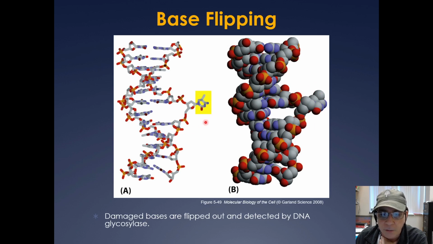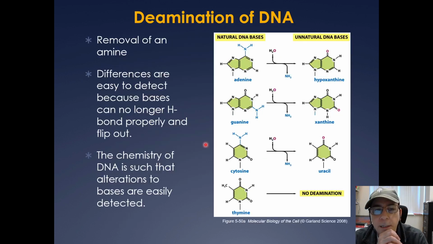So damaged bases are easily detected by DNA glycosylase, which removes the base, and then the AP endonuclease can come in and cleave out that section. What's really neat about DNA is that it has really great chemistry behind it, so that deamination of DNA is easily detected.